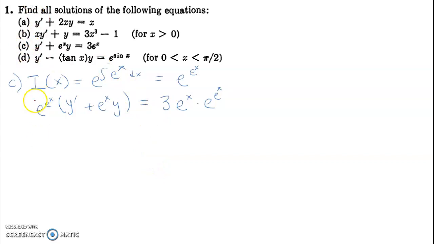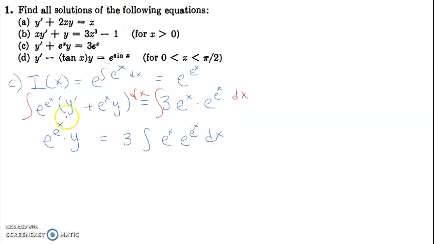Let's find the integral, apply it to both sides. So our left-hand side is going to be e^(e^x) times y, and we still have this part. Take out the 3, e^x e^(e^x) dx.